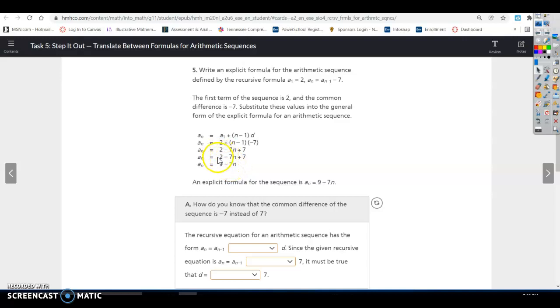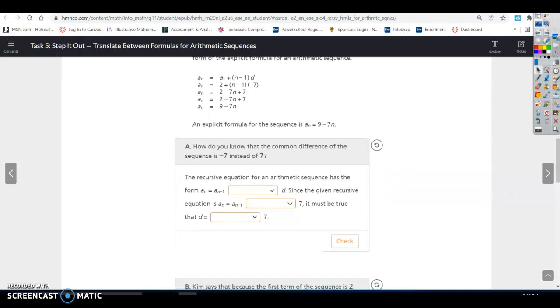Not sure why they have an extra step here of the exact same thing, but you do need to combine the 2 and the 7 to get 9, bring down your negative 7n, and that's how you rewrite the formula as an explicit formula. An explicit formula for the sequence is a sub n equals 9 minus 7n. This is an equivalent formula, just in a different form.